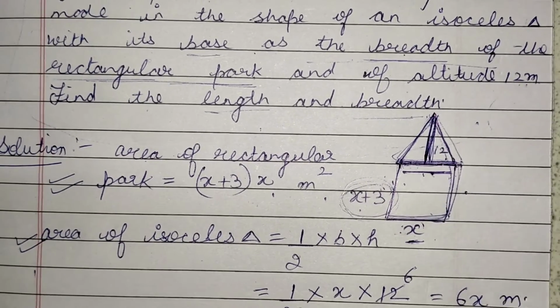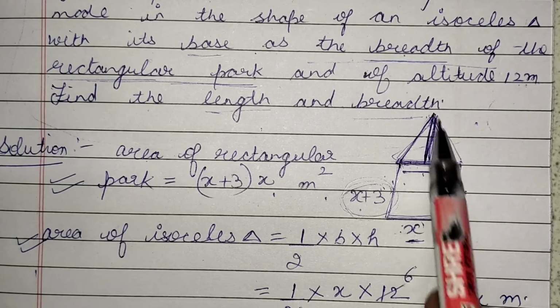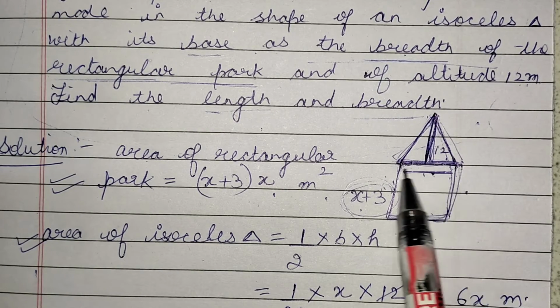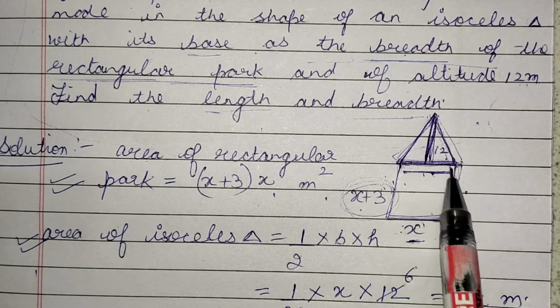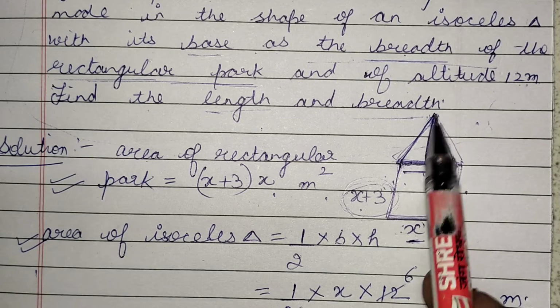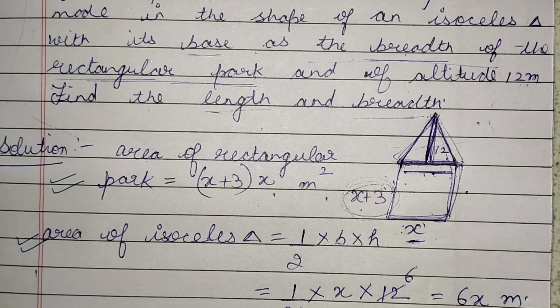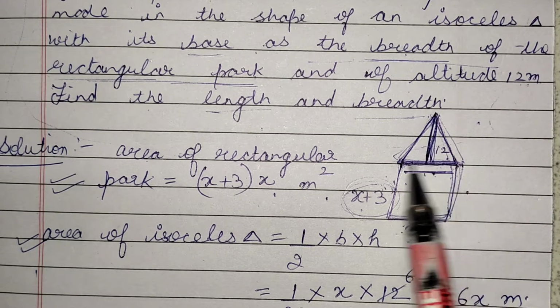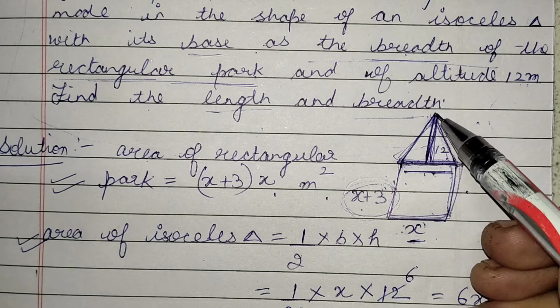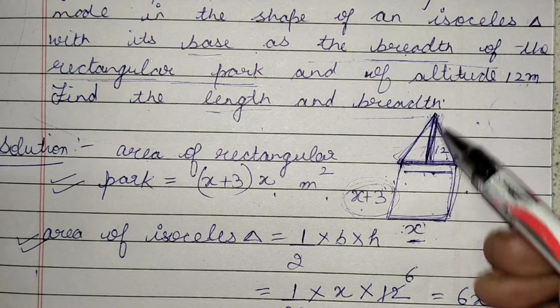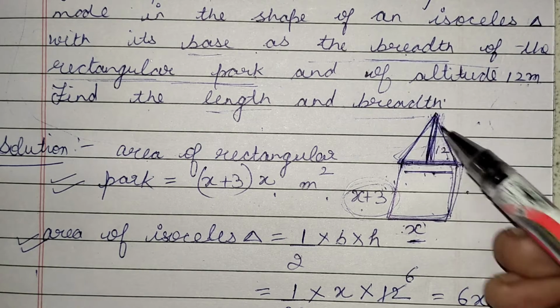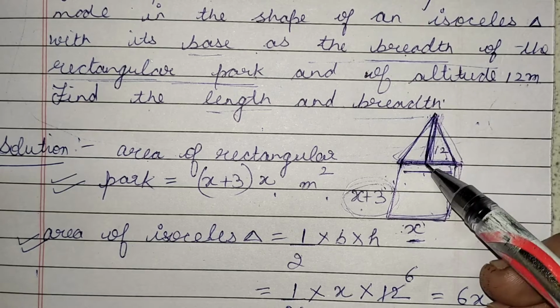That means an isosceles triangle is located on the breadth of the rectangular park, and its altitude is 12 meter. Its height is given to you, that its height is equal to 12 meter.